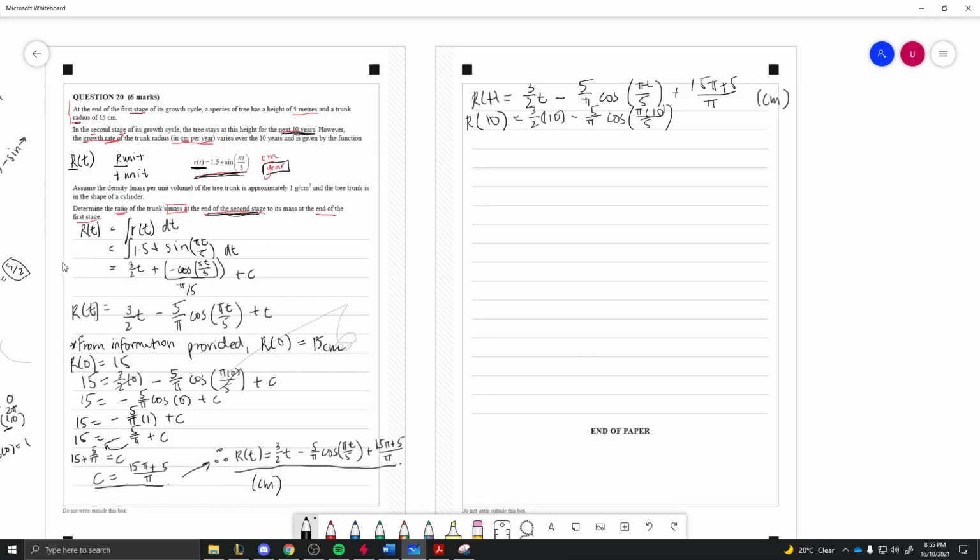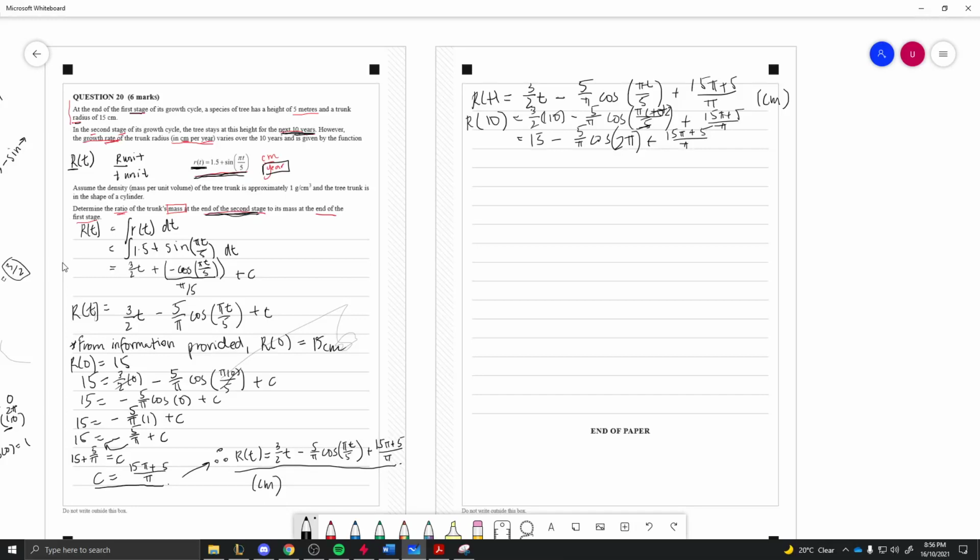and because this is 10 over 5, it's going to cancel and result in a 2 at the top, plus 15 pi plus 5 over pi. So now you can go equals 30 over 2, which equals 15, so 15 minus 5 over pi cos of 2 pi, because the 10 and the 5 cancel to give you a 2 on top, plus 15 pi plus 5 over pi.